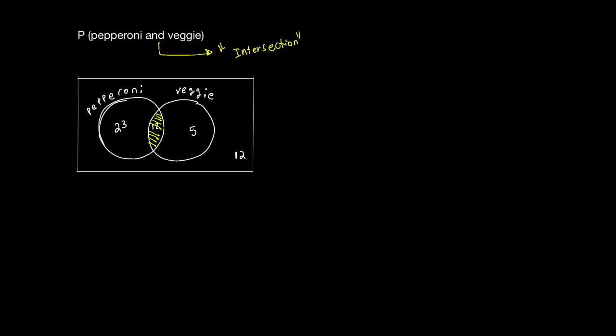So the probability of pepperoni and veggie is going to be 12 out of the sample space, which is 52. And 12 over 52 is approximately 23.1%.